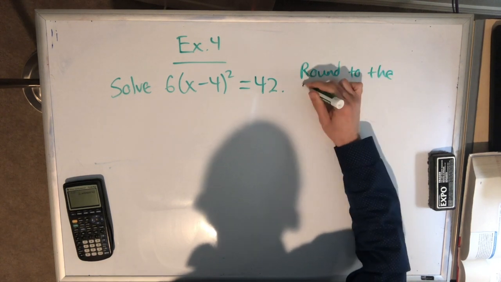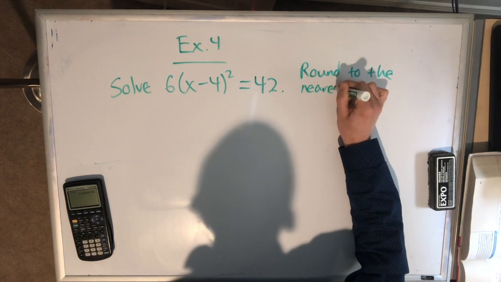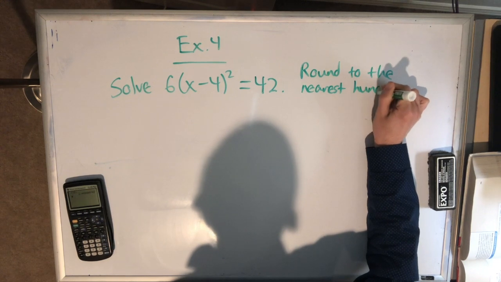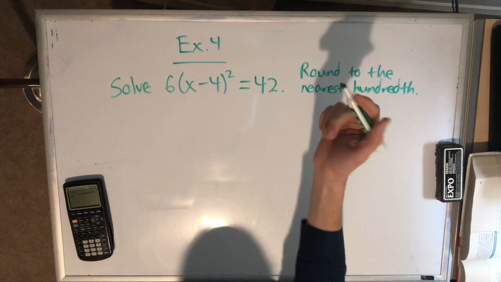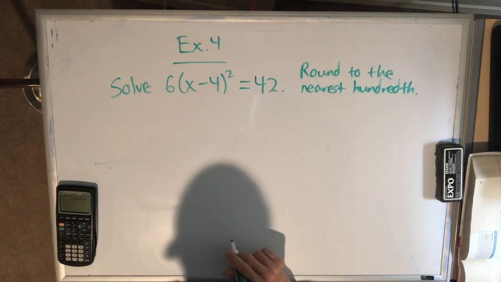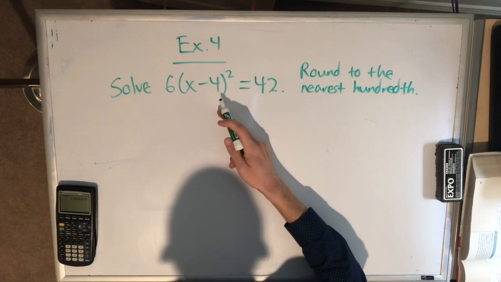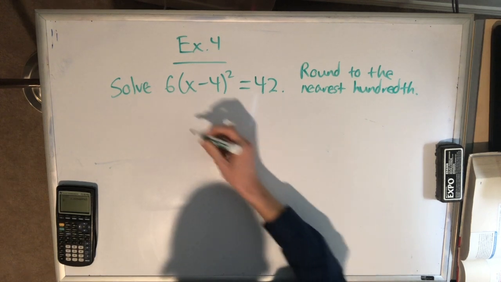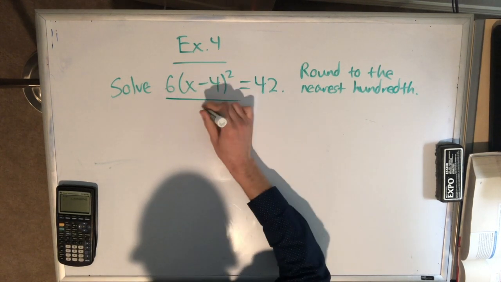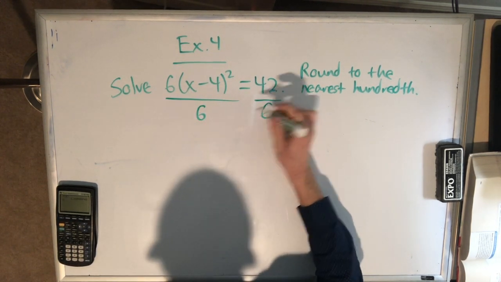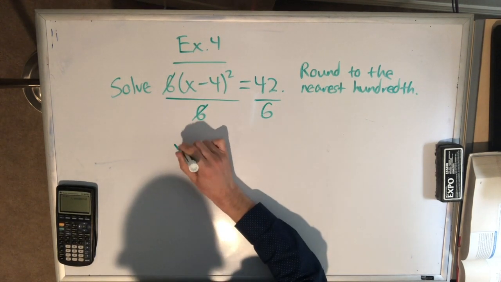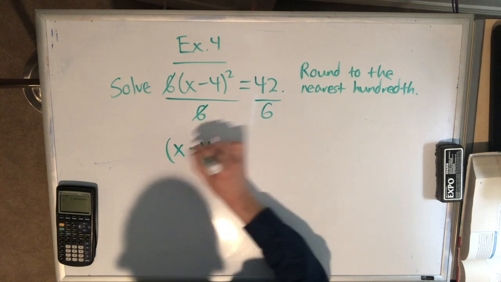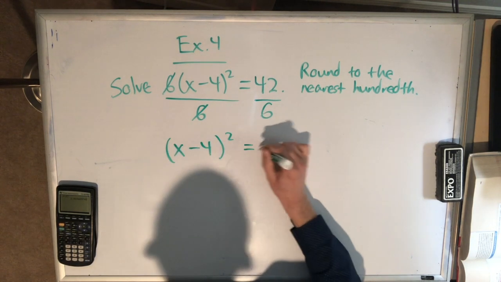Round to the nearest hundredth, or the second decimal place. So let's isolate the parentheses squared by dividing each side by 6. The 6's cancel out. Now we have (x minus 4) squared equals 7.